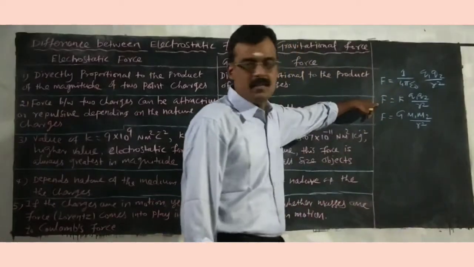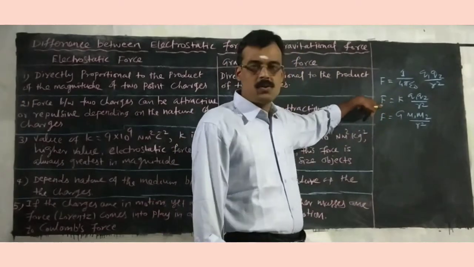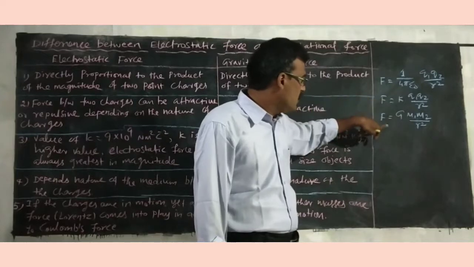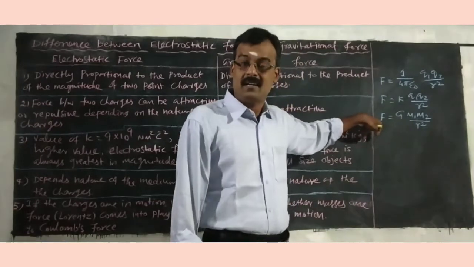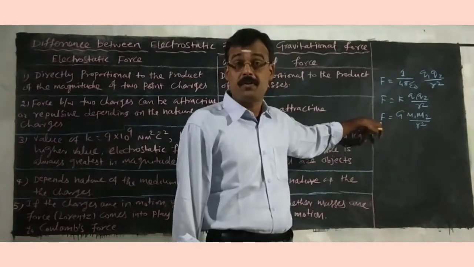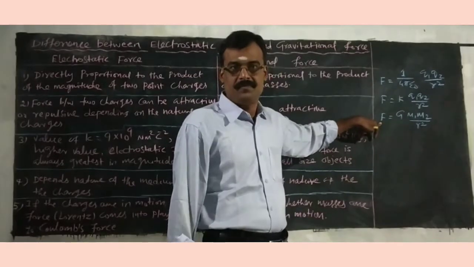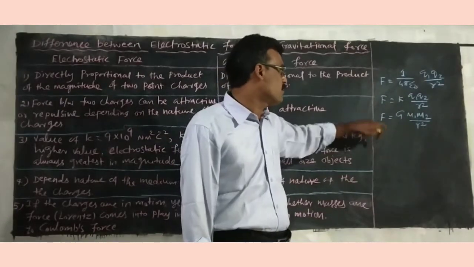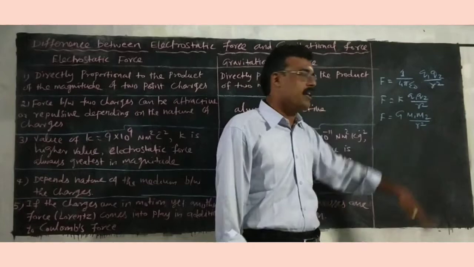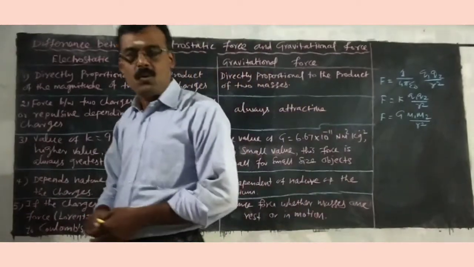So this is the electrostatic force according to Coulomb's law, and this is the gravitational force according to Newton's gravitational law. F is equal to G m1 m2 by R square. This we know very well.